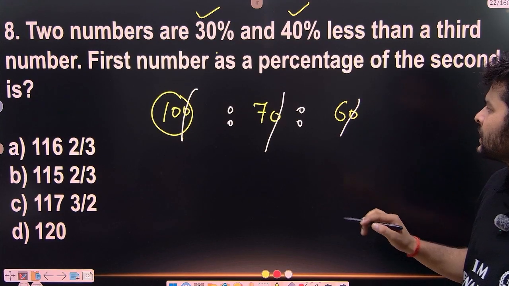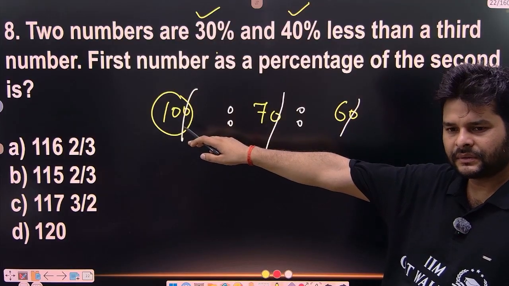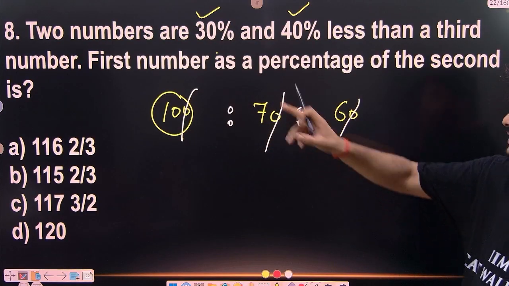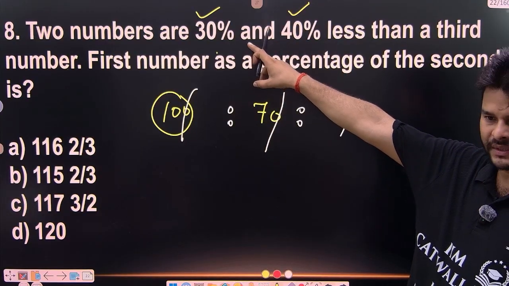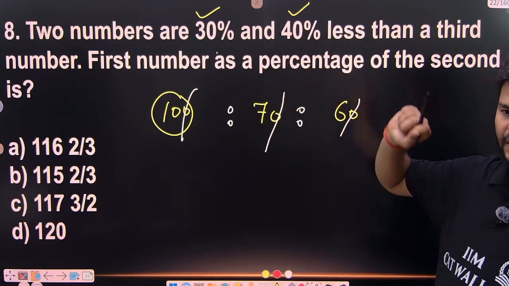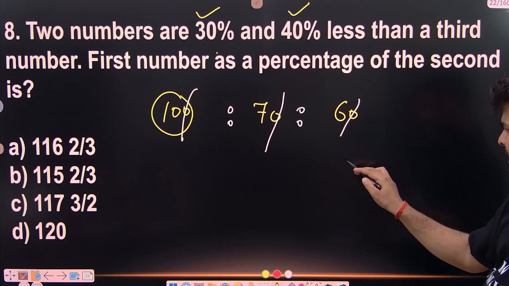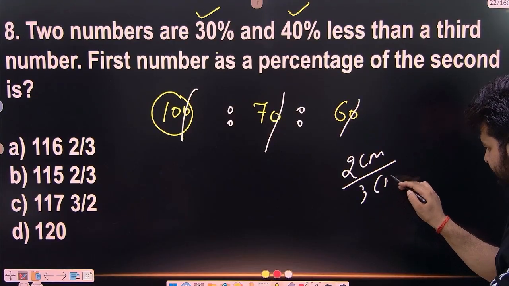With attention. If the first number we take is 100, then the second number would be 70 because it is 30 less, and if the first number is 70, then the second number would be 60, 40 less. Suppose I have 2 centimeter divided by 3 centimeter.